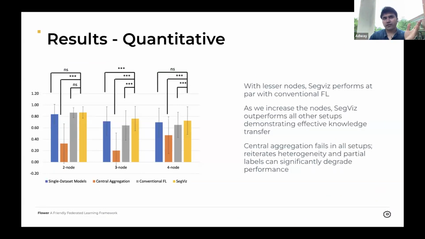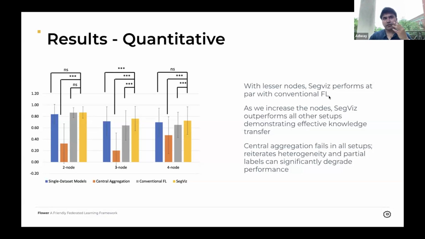When we look in more detail at the results, what we noticed was that with fewer nodes, Segways clearly outperforms or performs on par with conventional FL. And as we increase the number of nodes, Segways outperforms all other setups, effectively demonstrating knowledge transfer or knowledge aggregation.